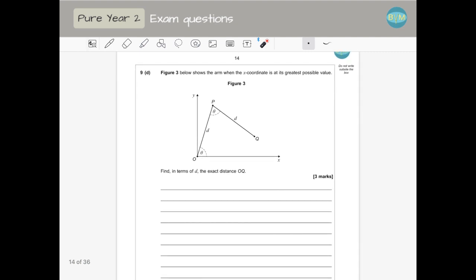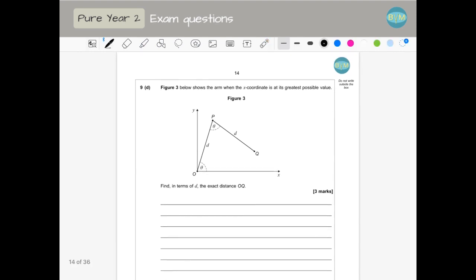And the last part of the question says, figure 3 below shows the arm when the x coordinate is at its greatest possible value. So this is the maximum x. And find in terms of d the exact distance OQ. So they are asking us about this distance here, OQ.